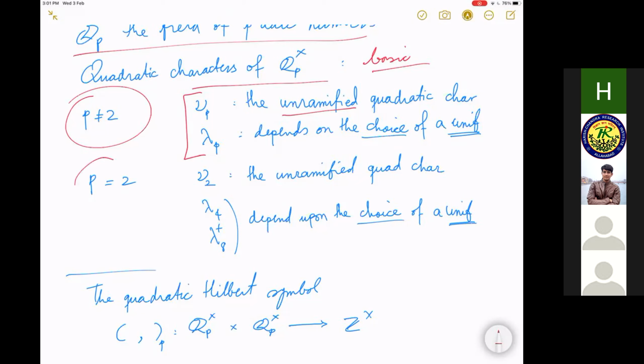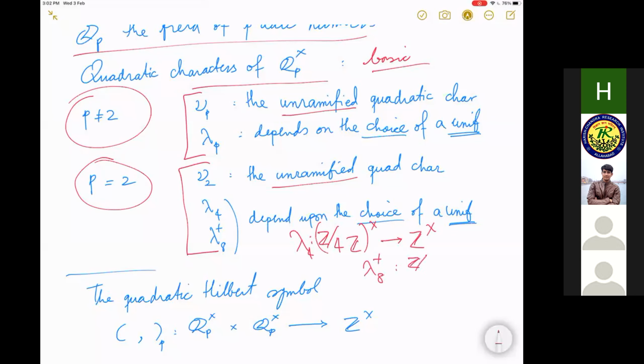Now for P equal to 2, instead of having just two basic characters, we have three basic characters. There's nu 2, which is analogous to nu P, and that's the unramified quadratic character of Q2 star. Then there are these two characters, lambda 4 and lambda 8 plus, which come from the two quadratic characters of Z mod 4, the quadratic character lambda 4 of Z mod 4, and the quadratic character lambda 8 plus of Z mod 8Z star.